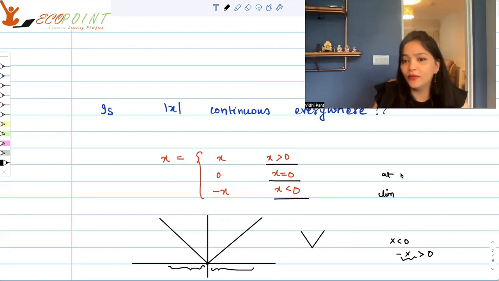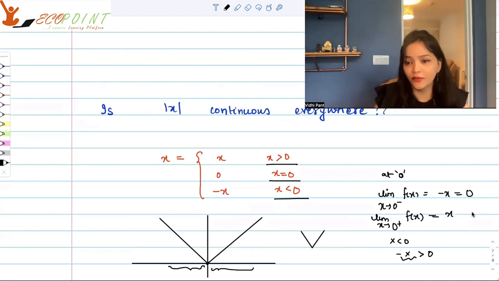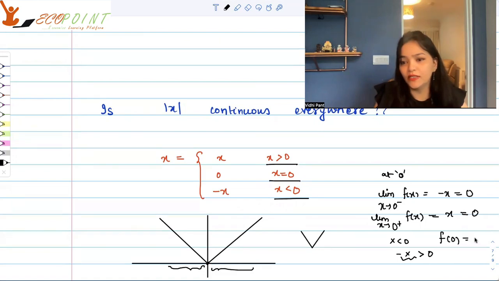And at 0, the limit as x tends to 0 minus of f(x) is basically minus x, which is 0. The limit as x tends to 0 plus of f(x) is the positive side of x, so x, now you will put 0, you will get 0. And f(0) is equal to 0.